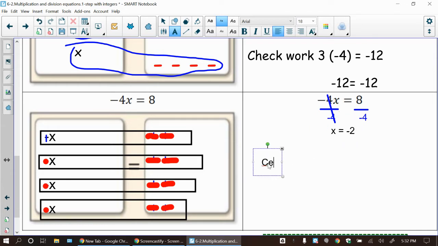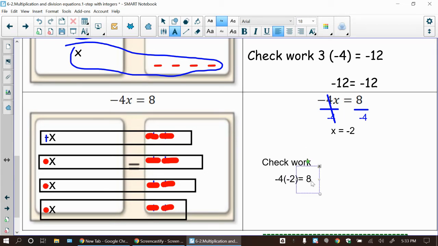Then as always, check our work. Okay. Well, I'm taking a negative 4, wrong symbol, and multiplying it now by a negative 2. All right. Do you remember your integer rules? 2 negatives will make a positive because this negative here means to do the opposite of this negative.